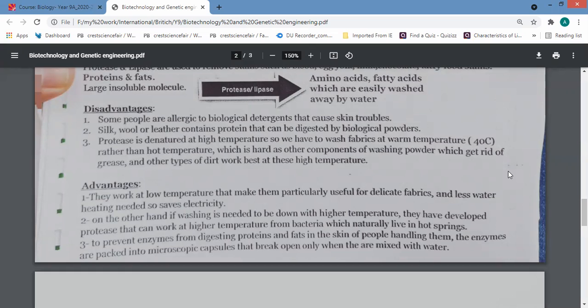So if the washing powder is used at an unsuitable temperature, the enzymes don't work. And maybe some people are allergic to these enzymes or this washing powder, so it may affect their skin and cause skin troubles.